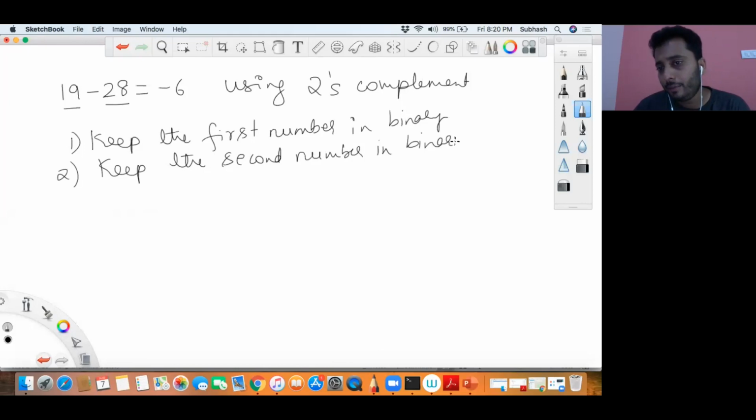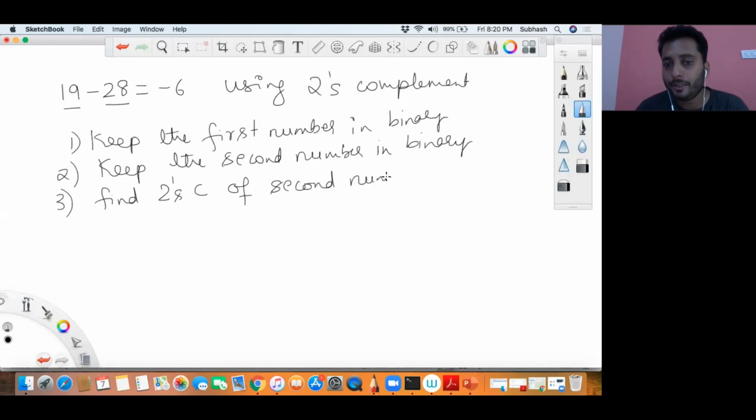Third, find the 2's complement of the second number, and you will get the third number.